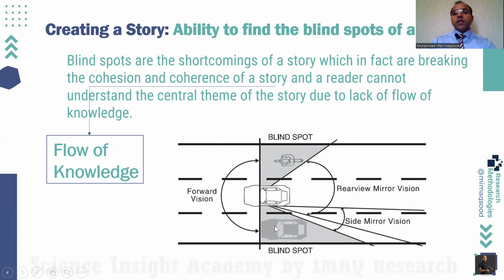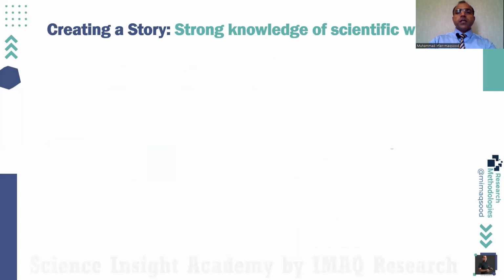But if you don't understand those blind spots, you can cause accidents. So finding a blind spot in a story is to maintain the cohesion and coherence of a story, meaning the flow of knowledge. If you understand these things, you can remove your blind spots, find the lack of flow of knowledge, and then you can maintain it.